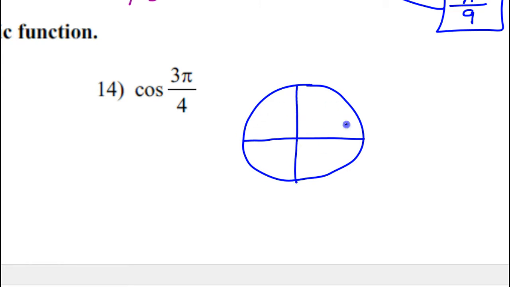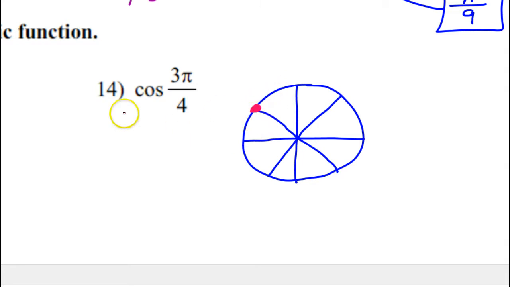So pi is the top half of the circle. If I split it in half, now I've got pi over 2. If I split it in half again, then I'm dividing pi into 4 equal pieces. So each one of these sectors is pi over 4. Looking at the angle we're given, 3 pi over 4: this is 1 pi over 4, 2 pi over 4, 3 pi over 4 right here.